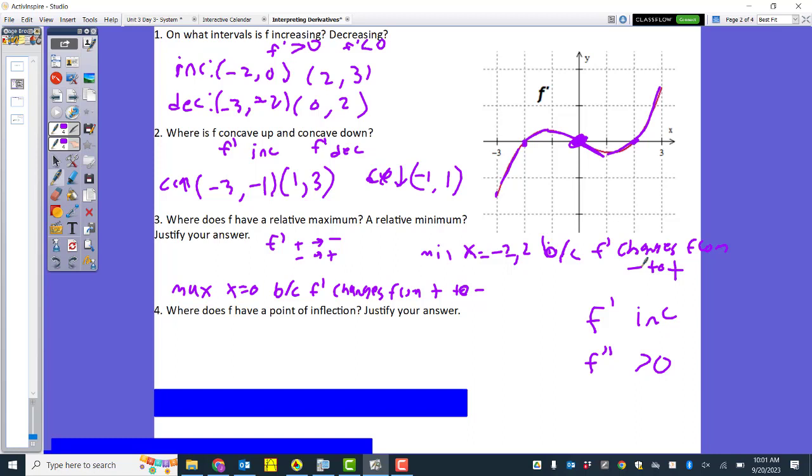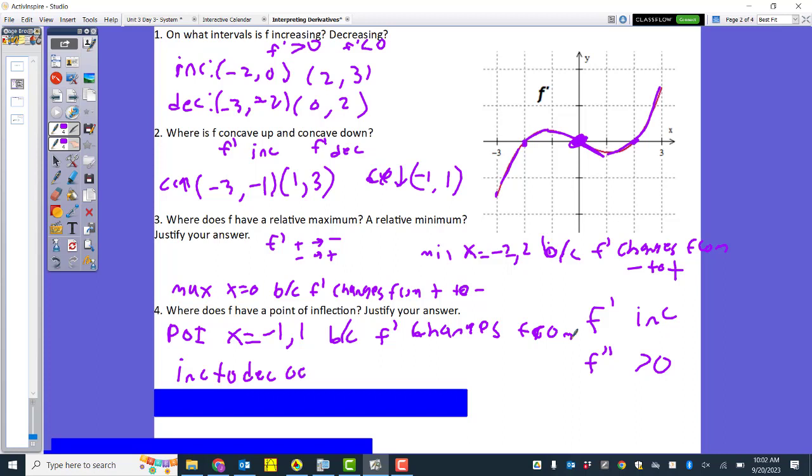So we have a point of inflection at x equals negative 1 and 1, because f prime changes from increasing to decreasing or decreasing to increasing. Okay?